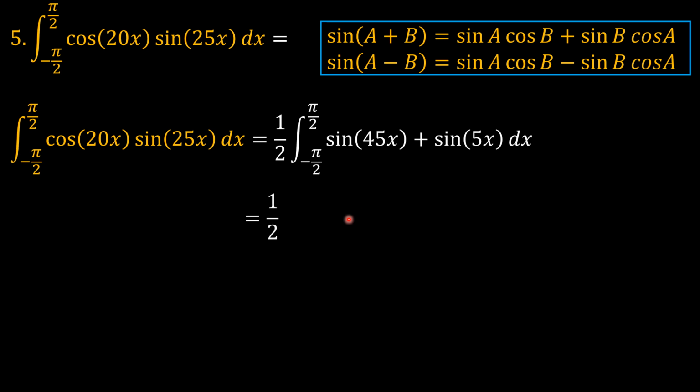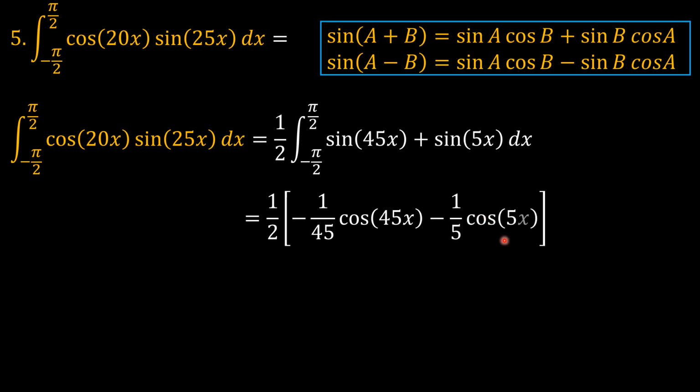So integrating that, we have a half, negative 1 over 45 cosine of 45x minus a fifth of cosine of 5x. And as you can see, these are odd integers, and with the pi here, whatever we have would just go to 0, so the entire integral is 0.